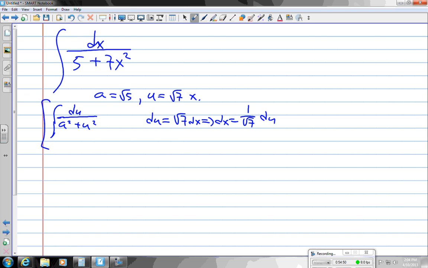But now I can just go ahead and make my substitution. Because this now is du, it's 1 over root 7 du over square root of 5 squared plus u squared.